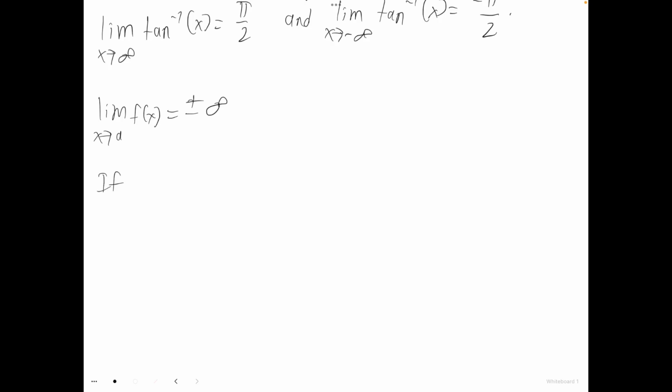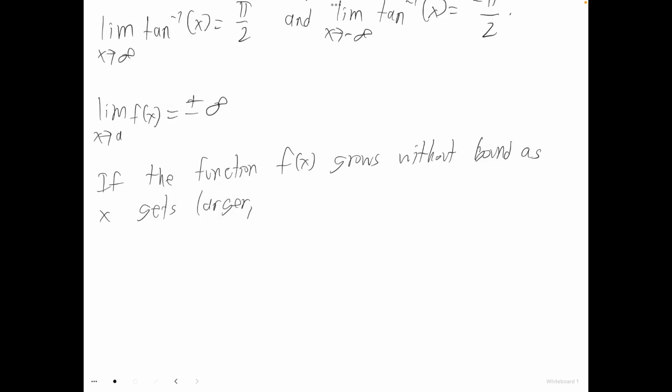And so if the function f of x grows without bound as x gets larger, then the limit as x goes to infinity of f of x is defined to be positive infinity. And similarly, if it gets smaller without bound, it goes to negative infinity. Just like the same idea as when we were just having an a that we were going to rather than off to infinity or negative infinity.